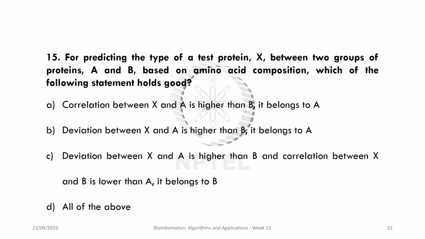A. Correlation between X and A is higher than B. It belongs to A. B. Deviation between X and A is higher than B. It belongs to A. C. Deviation between X and A is higher than B and correlation between X and B is lower than A. It belongs to B. D. All of the above. Okay, 4 votes for A. Thank you, Shreya.